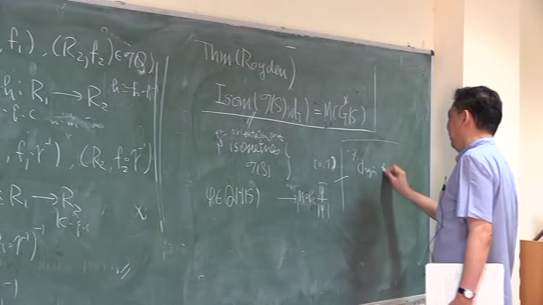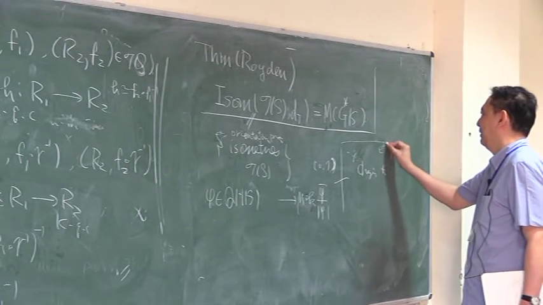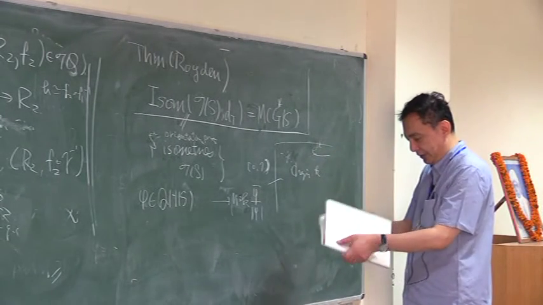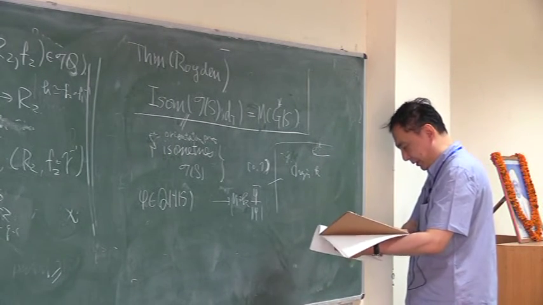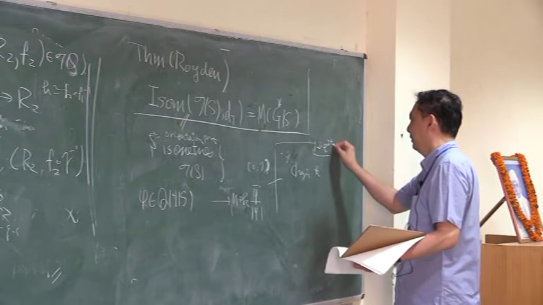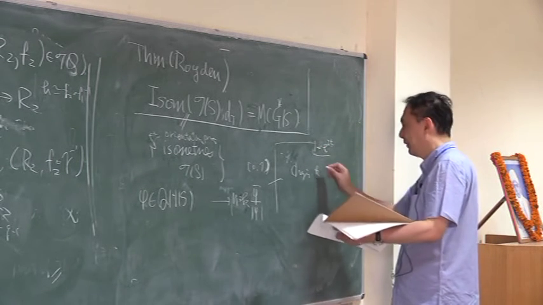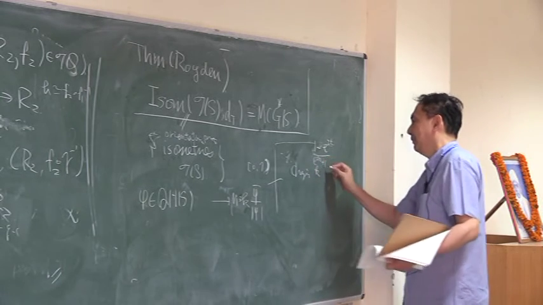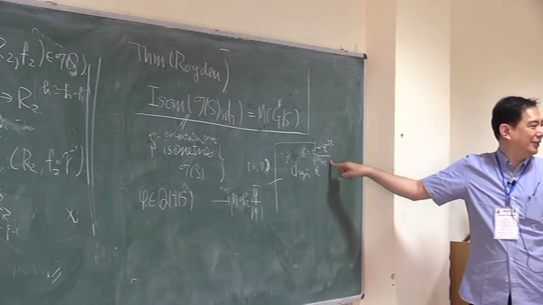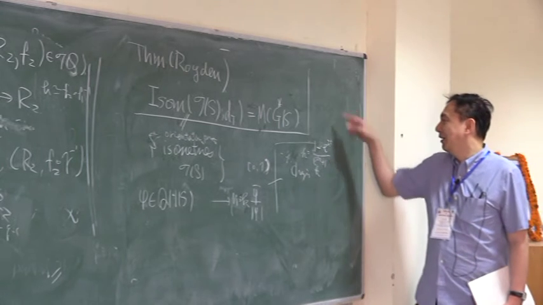The parameter should be something like (e^t − 1)/(e^t + 1).